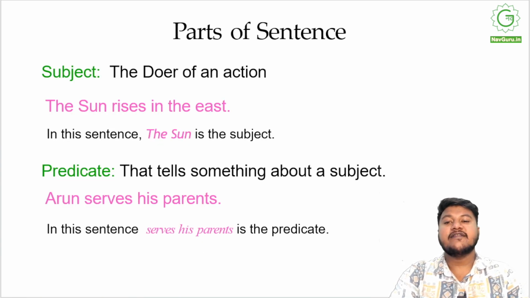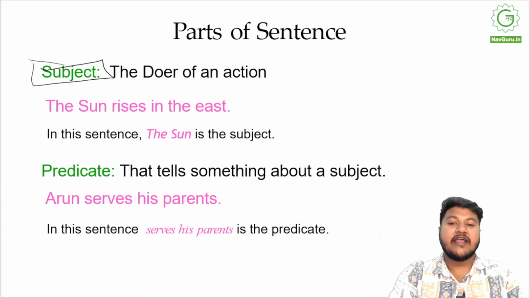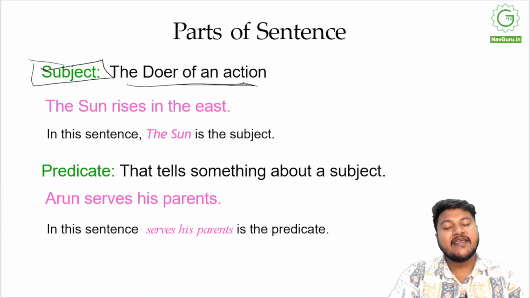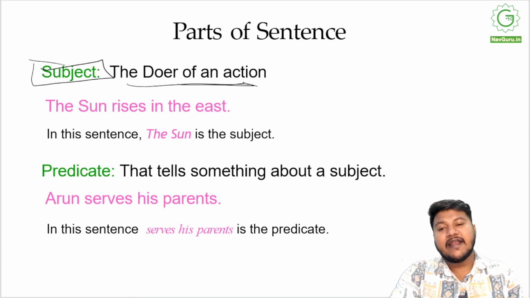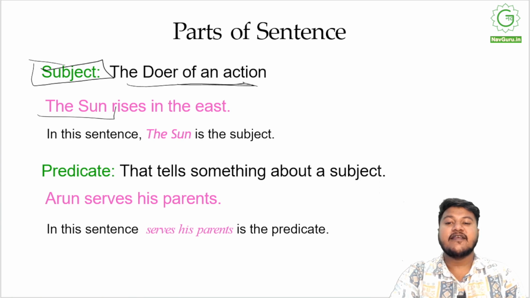Let's see some more sentences. Let's understand subject and predicate better with them. So the subject is the doer of an action. Anything that happens on the person's or the thing's end, whatever the verb is referring to, that is the subject. So, the sun rises in the east. In this sentence, the sun is the subject, and that would make rises in the east the predicate.